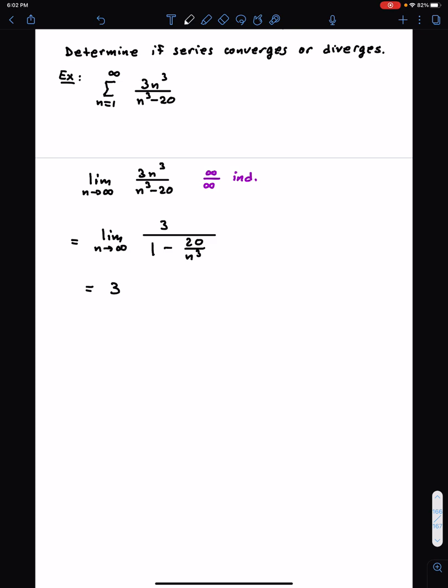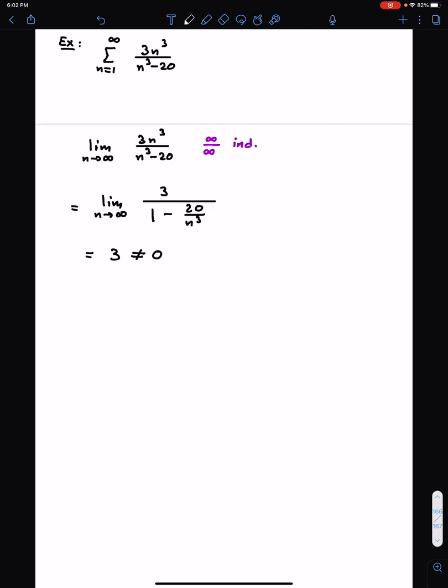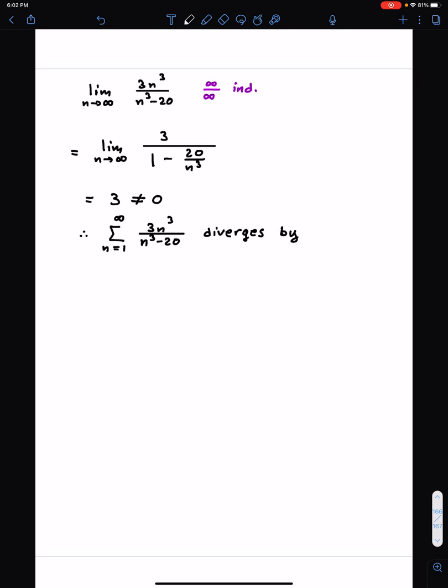Since the limit of a sub n is non-zero, therefore the series from 1 to infinity of 3n cubed divided by n cubed minus 20 is divergent by the nth term test for divergence.